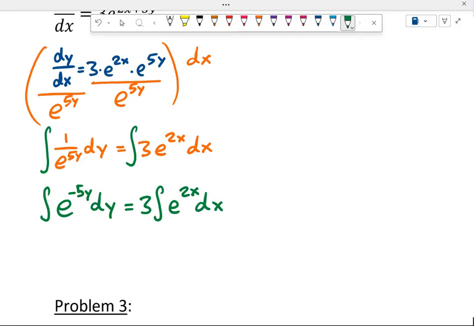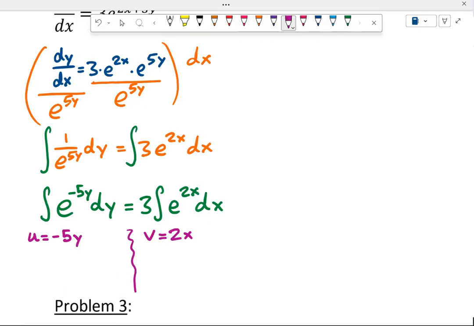Now, I said that we need some u substitution there, so let's go ahead and do it. Since I am going to be doing u sub on both, to make it less confusing, let's use 2 different letters. Let's use u on this side. u would be equal to negative 5y. What letter do you think would be good for this side? Well, I'll go with what we chose in second period, and that is v. So v equals 2x. But the process is the same regardless of what letter you use.